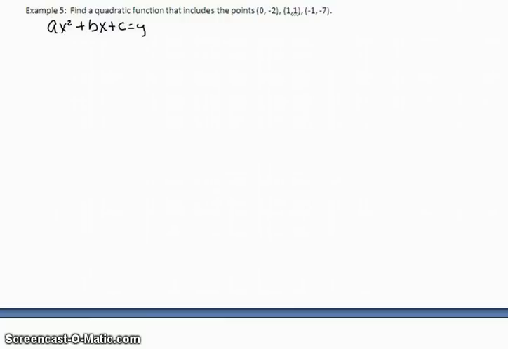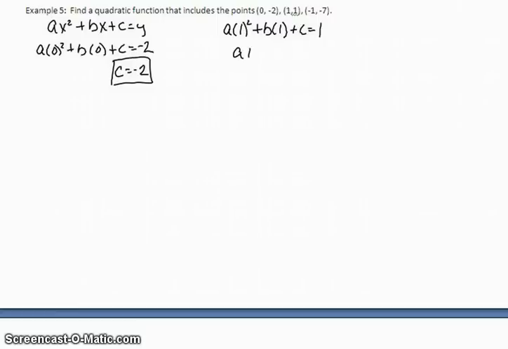So my first point, I have 0, negative 2, so that's a times 0 squared plus b times 0 plus c equals negative 2. c equals negative 2. Next, we're going to substitute 1 in, so that's a times 1 squared plus b times 1 plus c equals 1. So I have a plus b plus c equals 1.